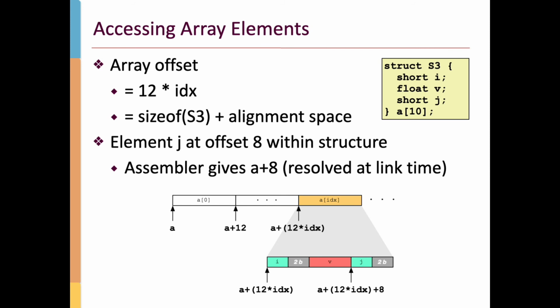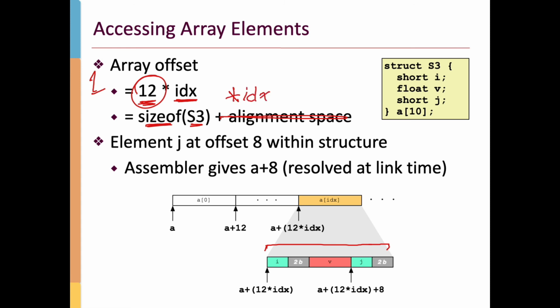So that's step 1. We know that each of the elements of the array, the structure S3, has 12 bytes, so what we want to do is take whatever index we're trying to get to and multiply it times 12. It's that simple. The 12 is the size of the S3 structure, and we're going to multiply that times IDX.